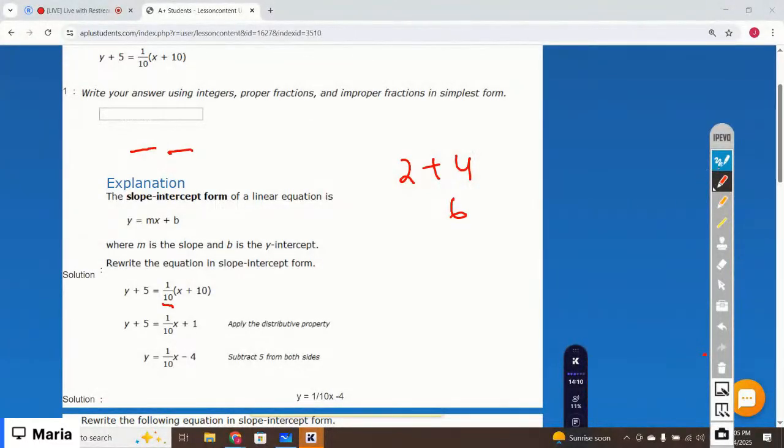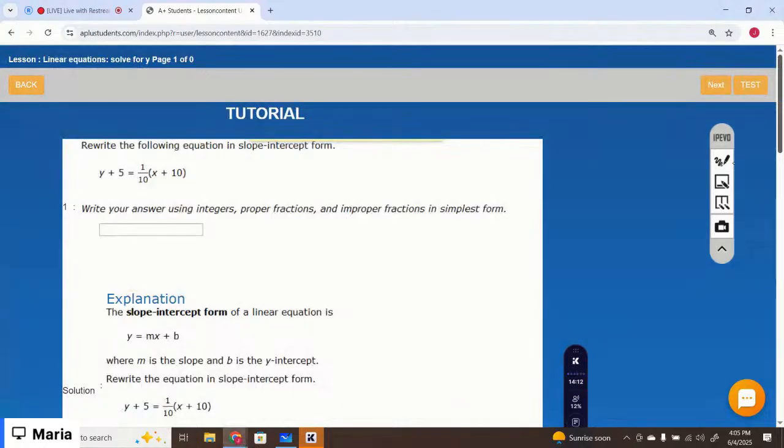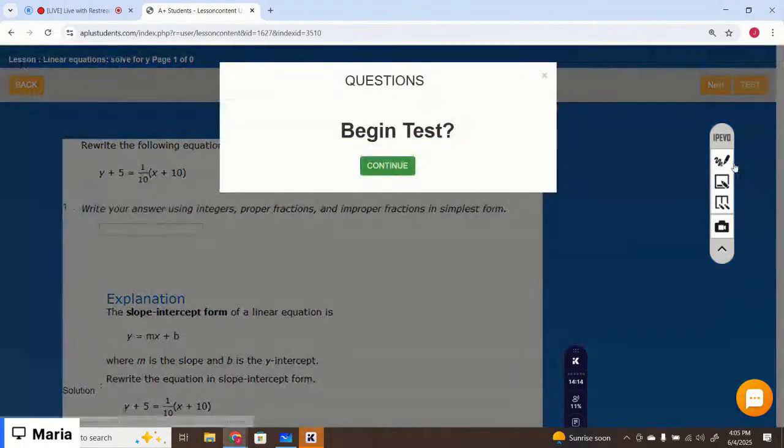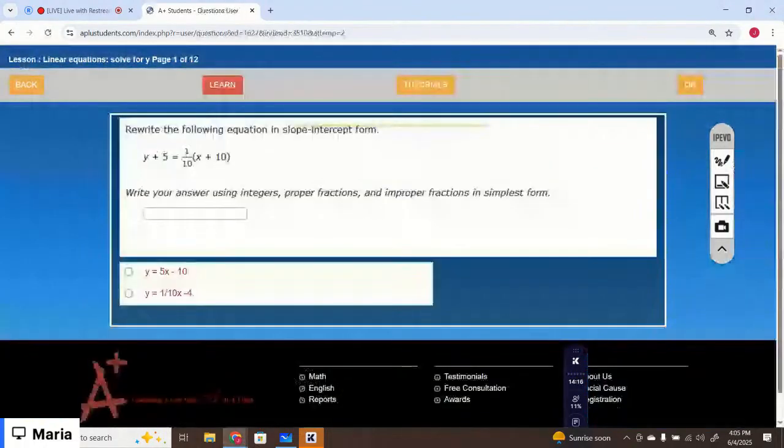Let's just start with the first question. y plus 5 equals 1 by 10 times x plus 10.